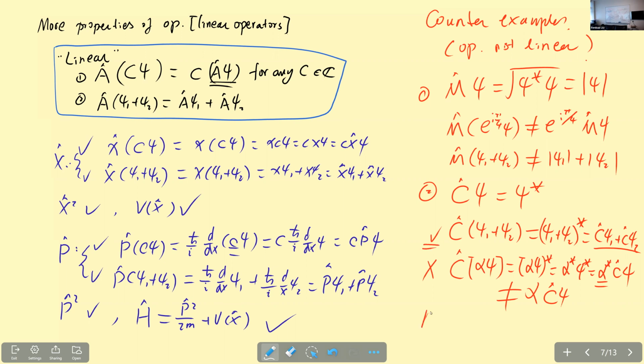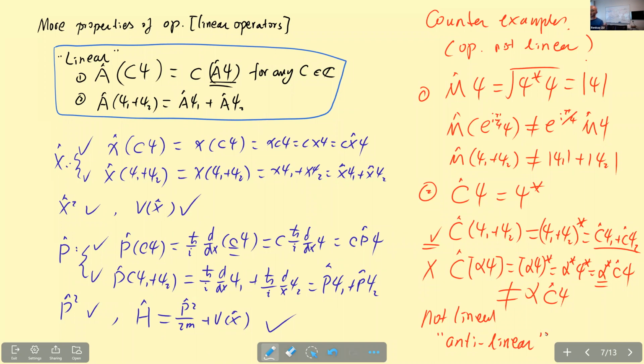This one is not linear, of course, but it has another name called antilinear, okay? It's almost linear, right? This is an operator that we are going to use in the future, not in this course. If you take quantum mechanics 2, for example, we're going to introduce this operator again.